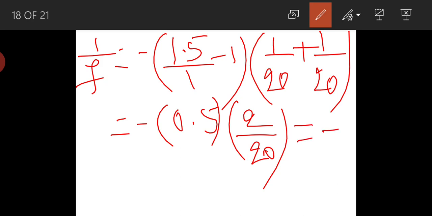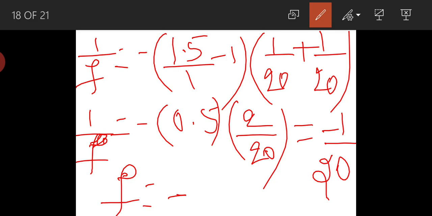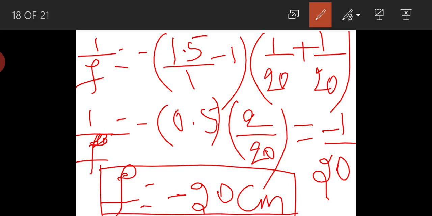So this is minus 1 by 20. So 1 by f is equal to minus 1 by 20, so f is equal to minus 20 centimeters. So the minus sign indicates that it is a concave lens. So in this way you need to solve problems.